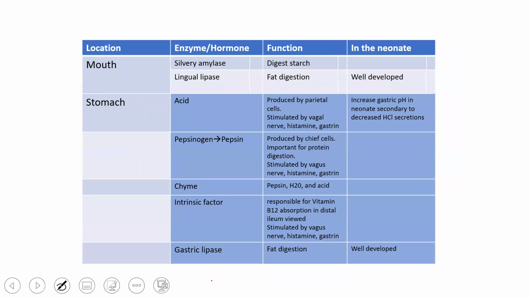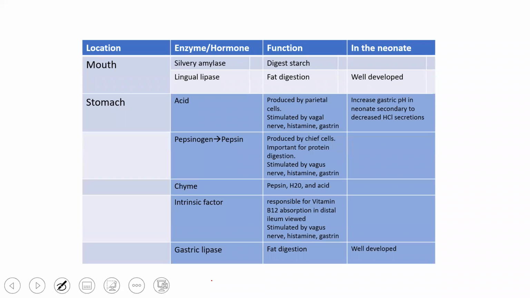Okay, now we're going to talk about overall what we said before we start talking about the pathology. In the mouth, we have the salivary amylase, which breaks down the starch, and we have the lingual lipase, which is important. We discussed it right now in fat digestion. In the stomach, we discussed the role of the acid, and we said the preterm babies slightly have higher gastric pH, so it's not super acidic, and it's not helpful in the digestion of amino acids.